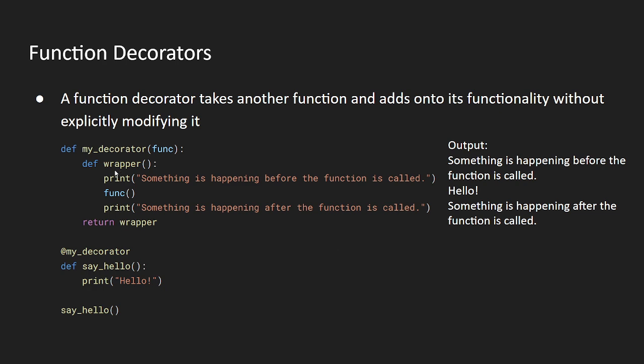This is where you want to do some stuff before you call a function and after you call it. It may not be obvious why this might be necessary, but sometimes it is. So here you can just put in the function. Say hello, print hello, and we're going to use the my decorator wrapper for this function, and you can use it for other functions as well. And just say hello, and you can see that something is happening.